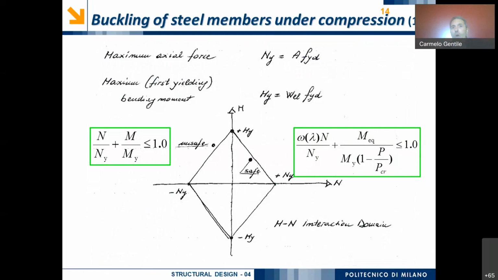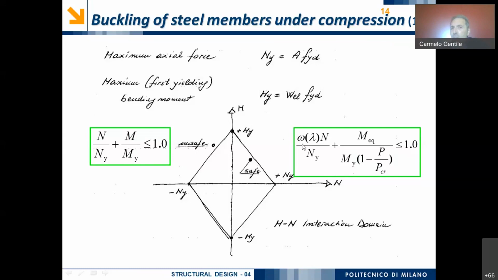So when I talk about buckling in the elastic range, we have said that when we are on the side of tension forces, we can use the stability equation, which is N over N epsilon plus M over M epsilon less than or equal to 1. When N is in compression, it is obvious that we have to use a different value for the stability check.